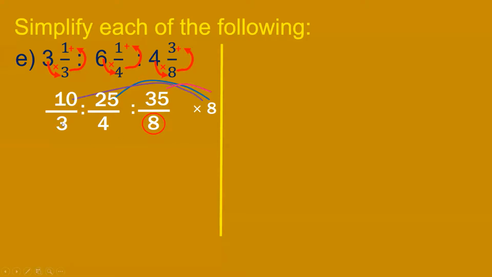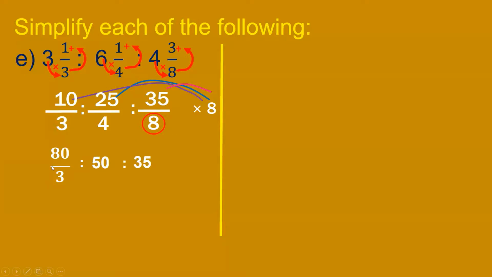So 10 over 3 multiply 8 equals 80 over 3. And 25 over 4 multiply 8 equals 200 over 4, which equals 50. And 35 over 8 multiply 8 equals 280 over 8, which equals 35.